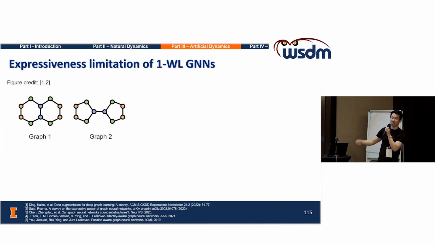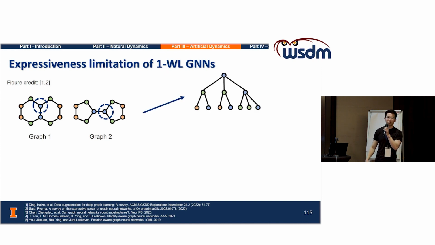So here we have two graphs, right? And they are clearly not the same. Graph 1 and graph 2 both contain two loops, but the loops in graph 1 contain 6 nodes, while the loop in graph 2 contains only 5 nodes. So they are of different structure. But we can easily find node pairs from these two graphs such that they share the same rooted tree.